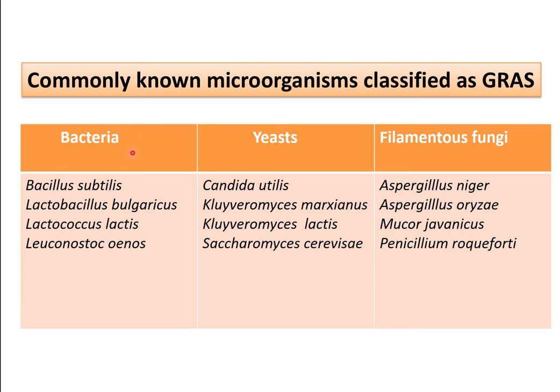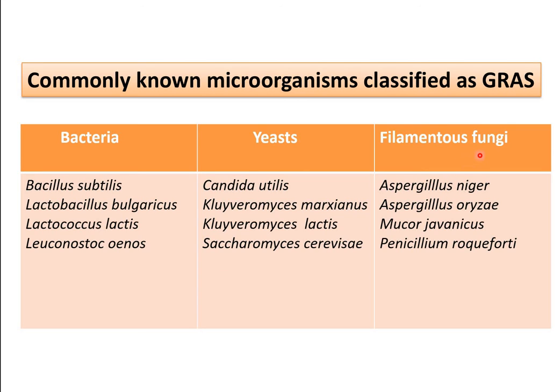Among the bacteria, the most commonly known ones regarded as safe are Bacillus subtilis, Lactobacillus vulgaricus, Lactococcus lactis, and Leuconostoc enos. Among the yeasts, they are Candida utilis, Kluyveromyces marxianus, Kluyveromyces lactis, and Saccharomyces cerevisiae.